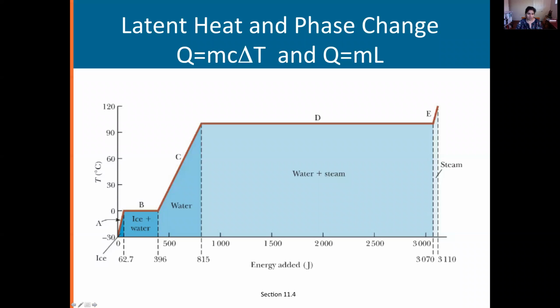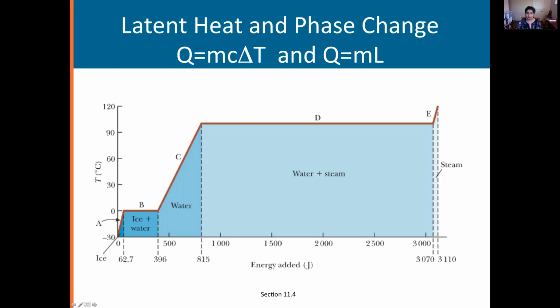So where we find B, we have a 0 slope, there's no change in temperature, and as we're adding more and more energy, going to the right of this line, more ice is being converted into water. So here we begin to have an ice-water mixture, more water, less ice, more water, less ice, and entirely water, right?